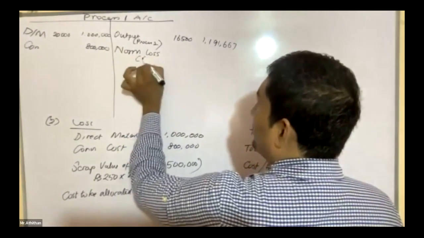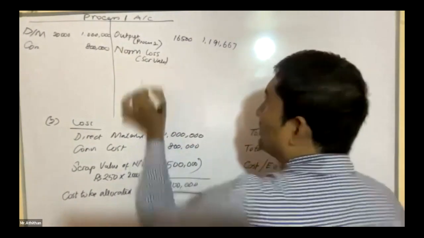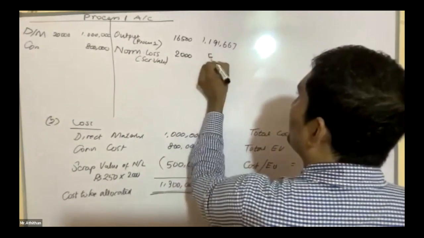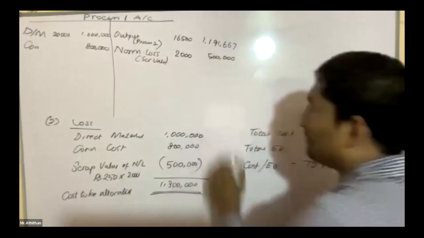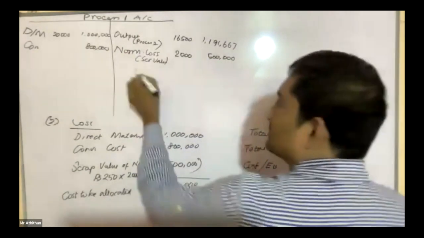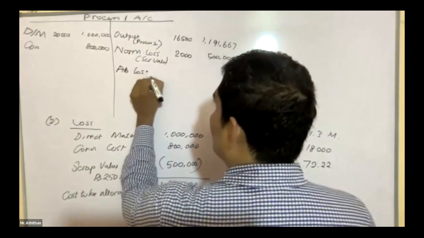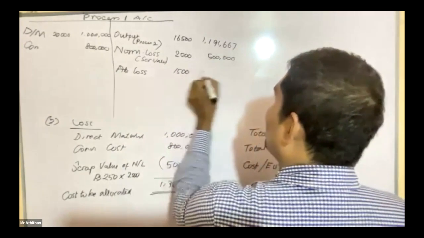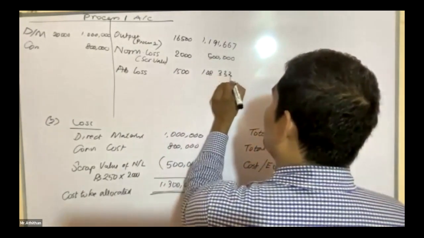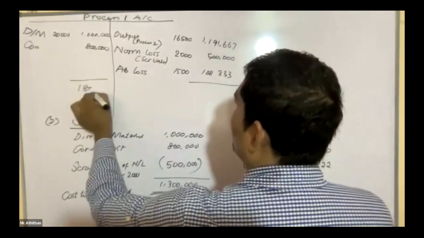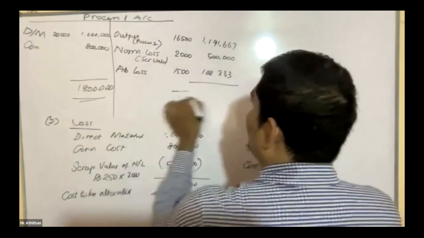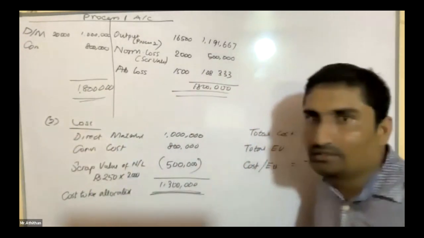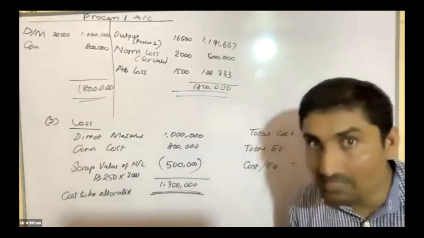Normal loss scrap value, 2,000 units, 500,000. Abnormal loss, 1,500 units, 108,333. So 1.8 million. Right. So this is process 1.